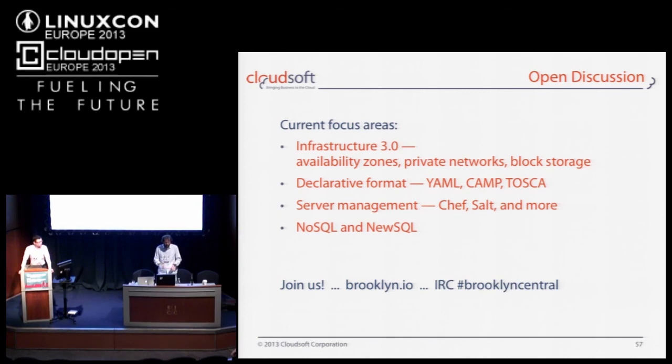In order to make this work, having a good abstraction around block storage is something that is being baked. It's there for some clouds, starting to be there for a lot more. We're starting to see the same thing when it comes to private networks. Availability zones are still done in lots of different ways, so it's a little bit harder, and the strategies tend to be a little more specific to the applications.